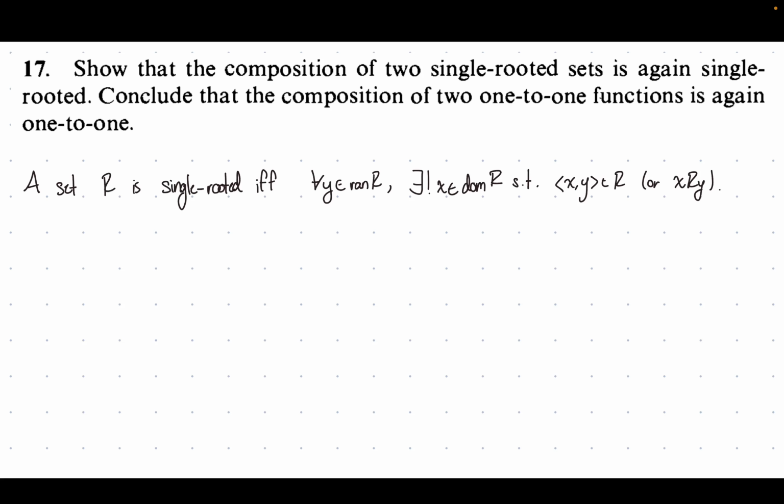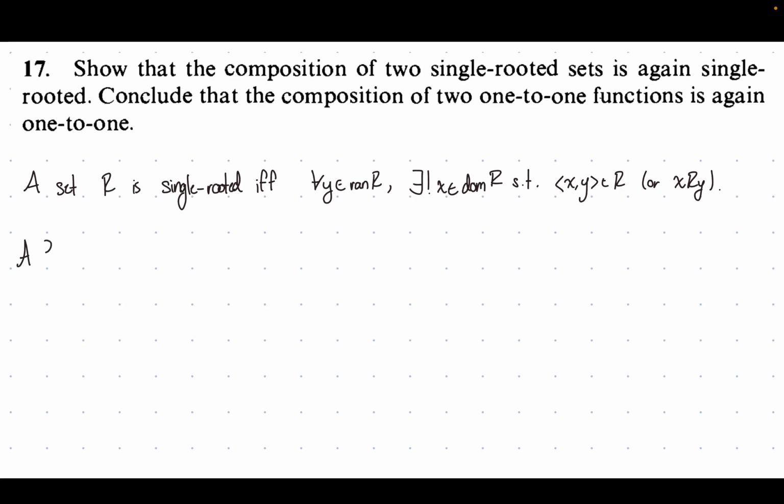It's very similar. Recall that a function has basically these statements flipped. So for all x in the domain of R, there exists a unique y such that this holds.